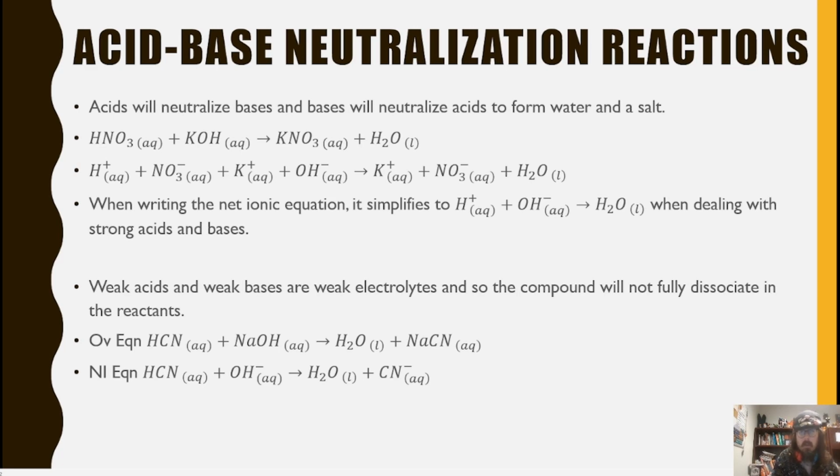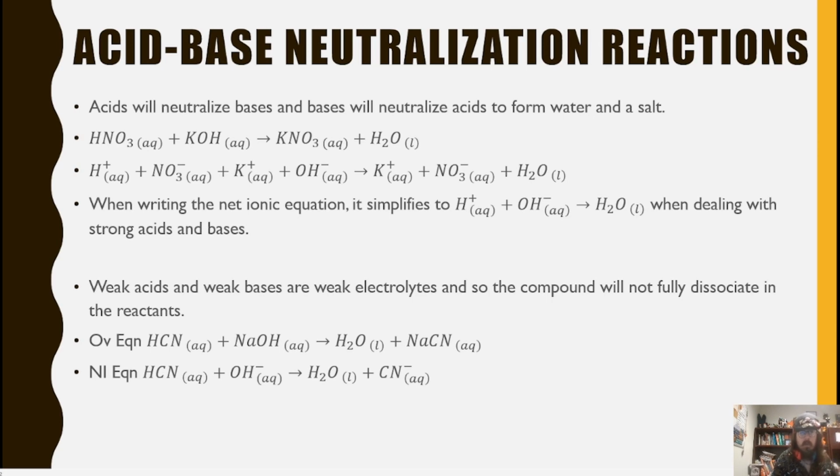So, now this is true for every strong acid. Every strong acid does this. However, weak acids and weak bases will not do this properly.